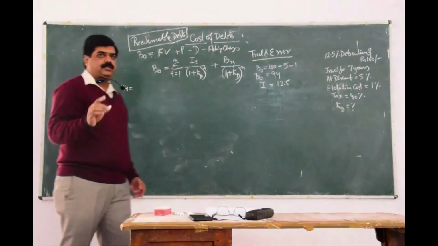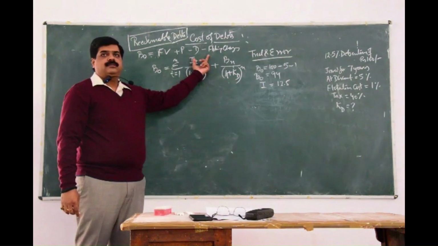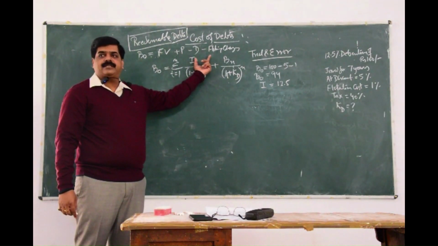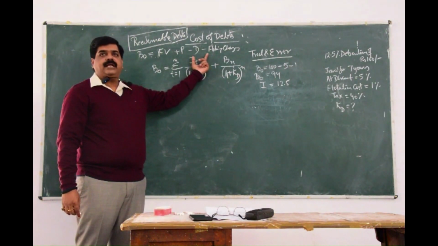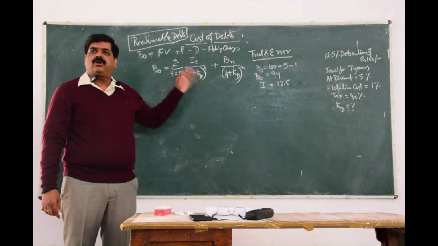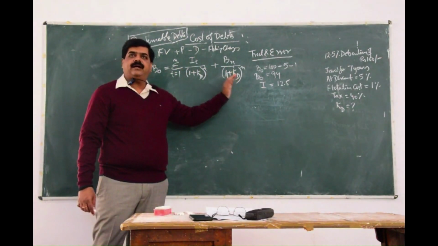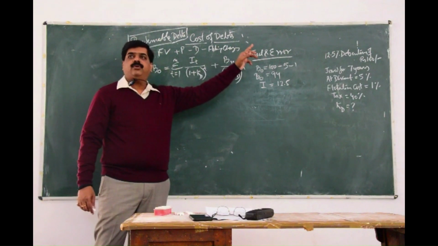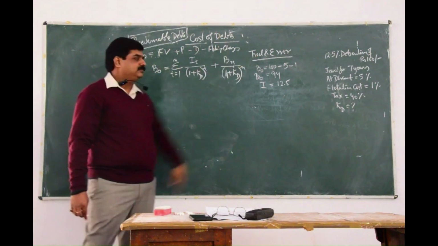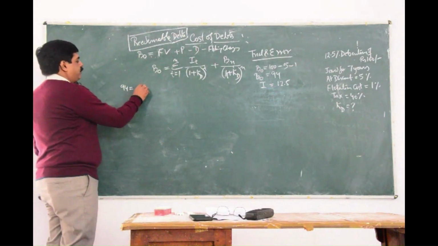One more thing I would like to make clear. You can deduct tax from the interest here itself. When you deduct the tax here itself, automatically the kd will be after tax. Or else, simply calculate without tax and after that you can apply the equation 1 minus T. Both are open to you. So we can say 12.5.